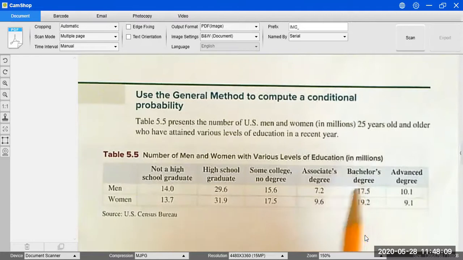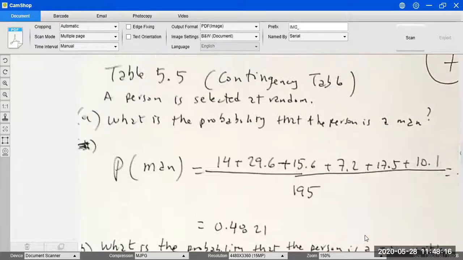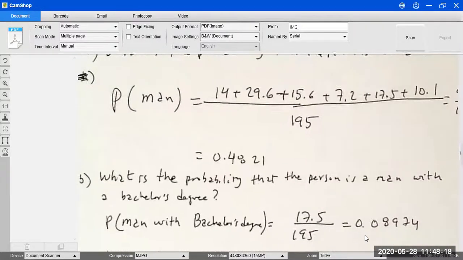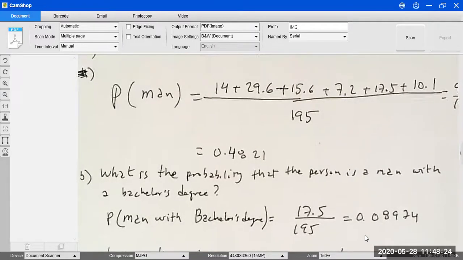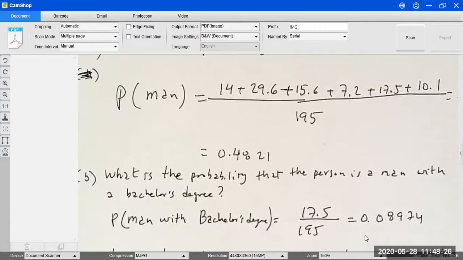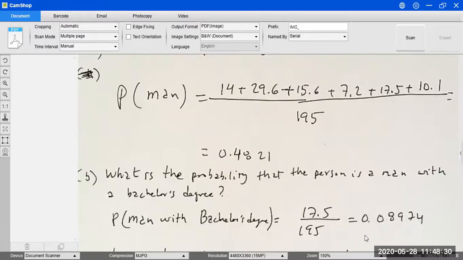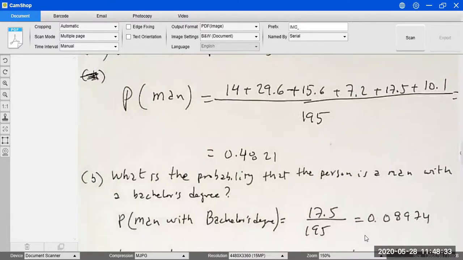So the solution for part B is 17.5 divided by 195, and the answer is 0.08974.